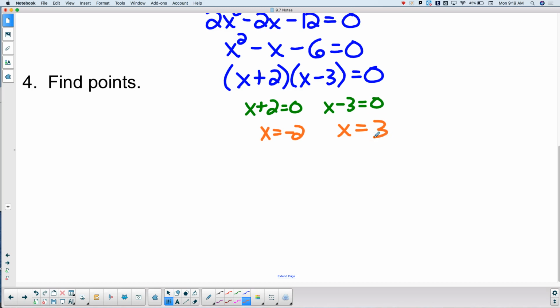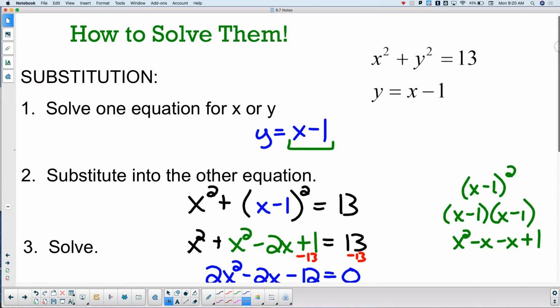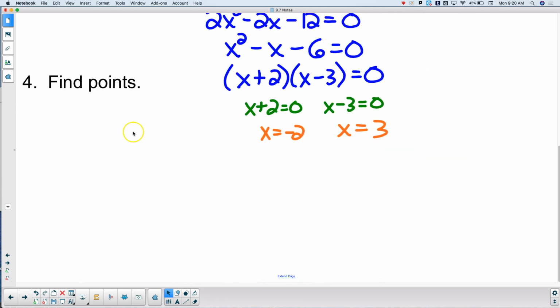Underneath, you subtract 13 on each side. How do you get the 2 in front of the 2x squared? x squared plus x squared. Okay, so now I've got to find the points.